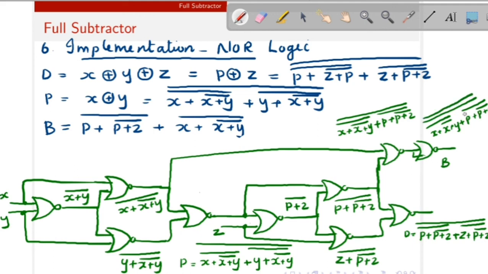So this is the borrow. Clear? So this is the implementation of difference and borrow of the full subtractor using NOR logic. So this is how we can design full subtractor using basic gates and XOR gate, and also NOR logic and NAND logic. Okay, thank you.